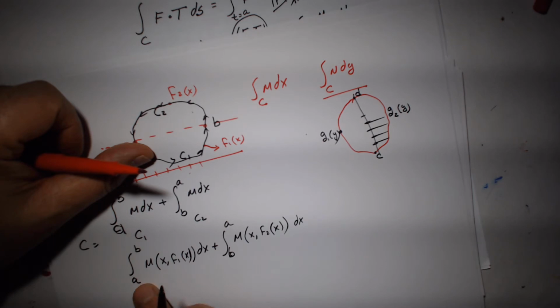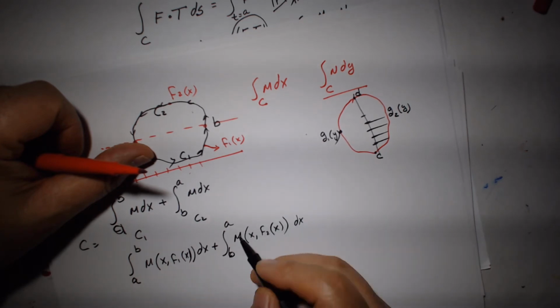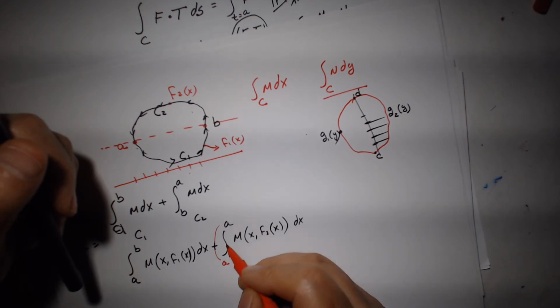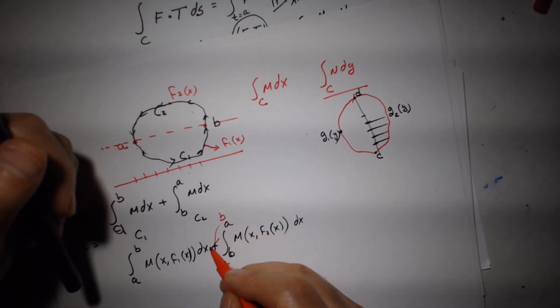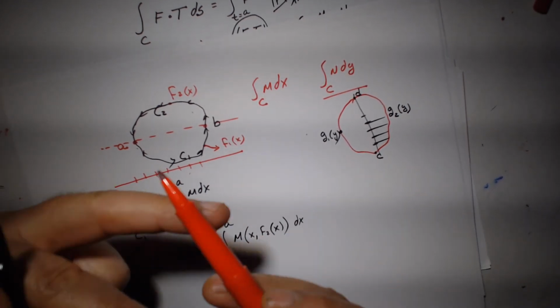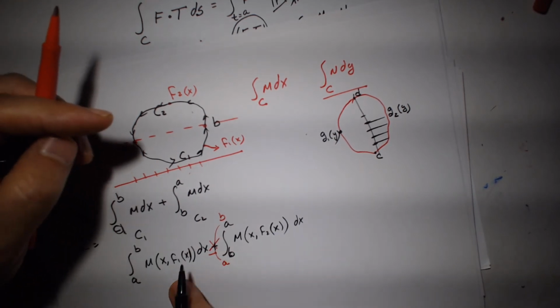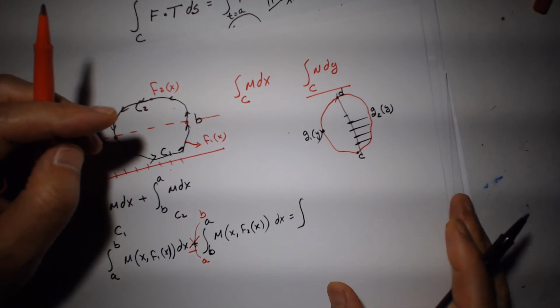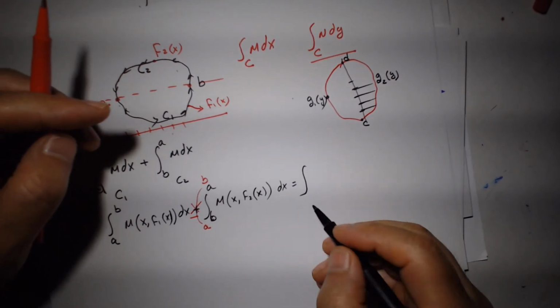I can write this one, see, that's A to B, that's B to A. They have different limits. I can switch this one, bring the A here and move the B here, and change the sign to a negative. Then I have the same lower limit and same upper limit, and I write it as a difference of one integral.